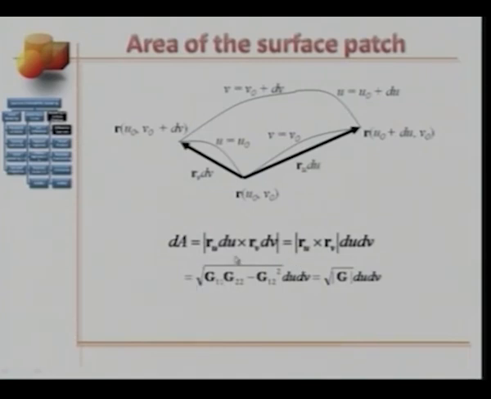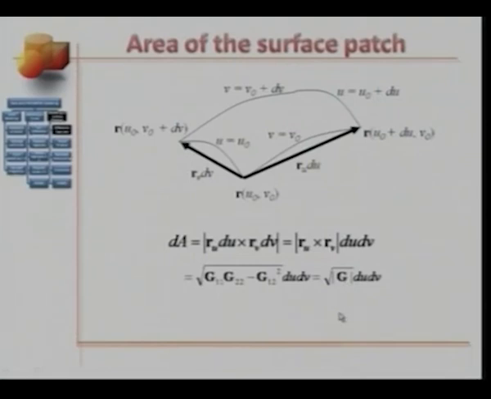So I can write dA as square root of G11 times G22 minus G12 square. And outside the square root sign, we have du times dv. As I said, this expression here is the determinant of the first fundamental matrix. Right here.